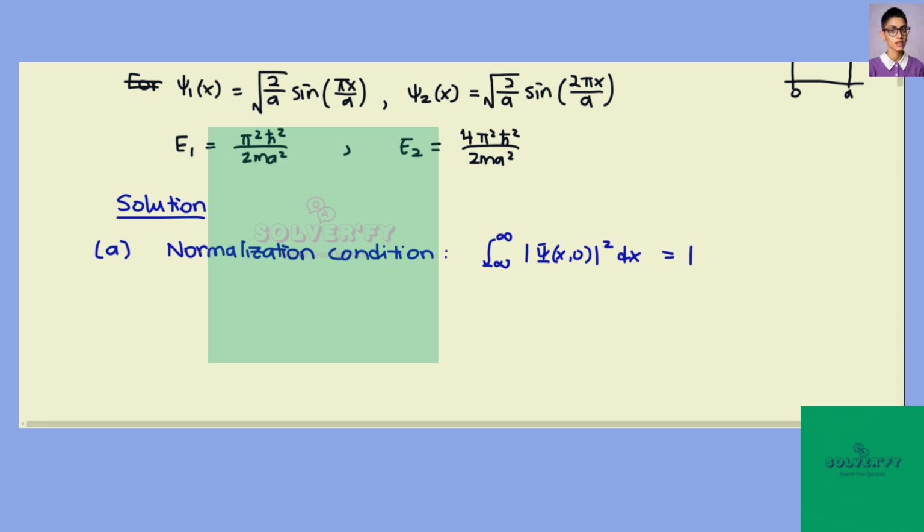So what you are going to have is mod A squared, integral of (psi 1 plus psi 2) star times (psi 1 plus psi 2) dx, and this is equal to 1.